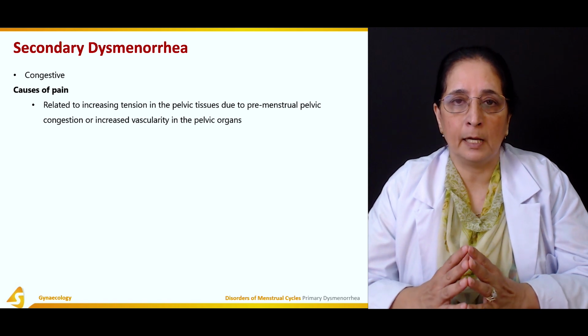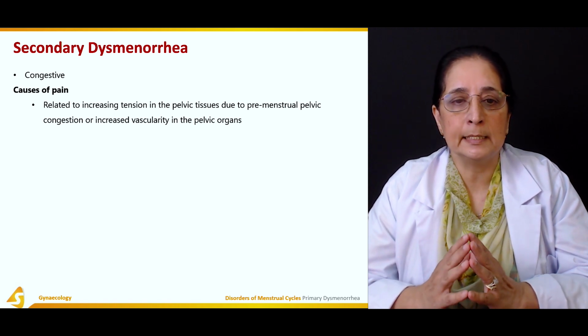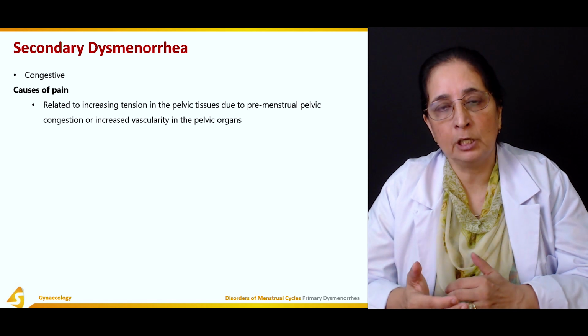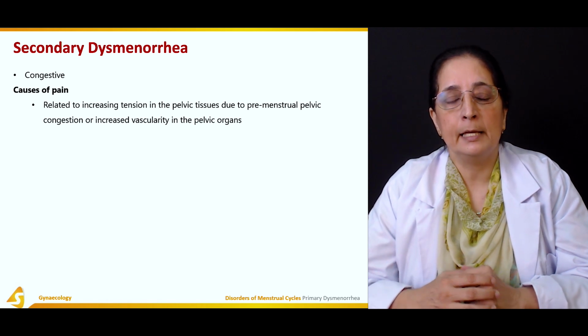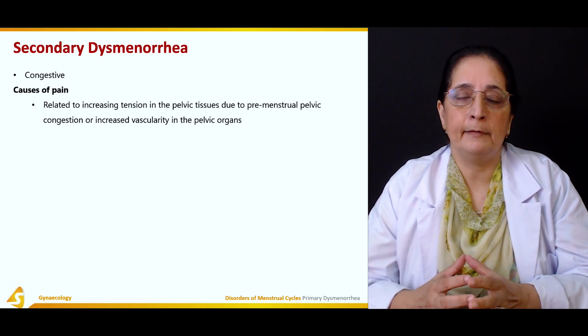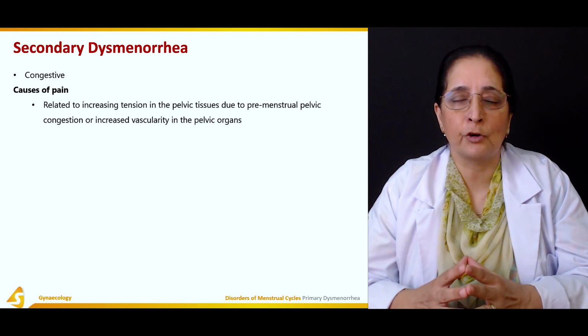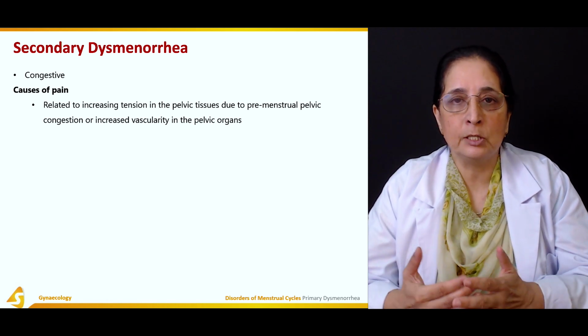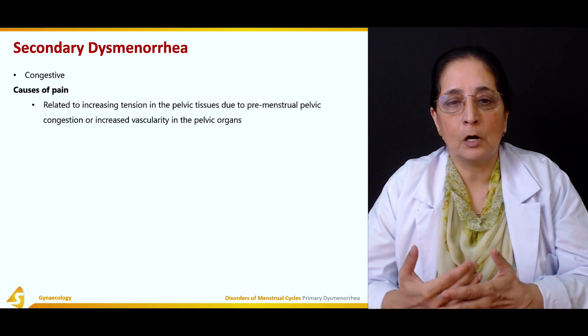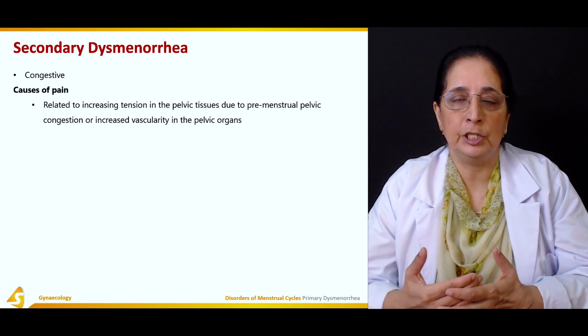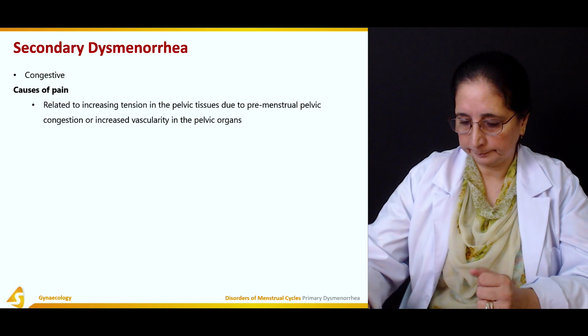All these can lead to congestion of the pelvis, and this congestion of the pelvis or of the uterine muscles leads to increased contraction or increased tension and causes pain.